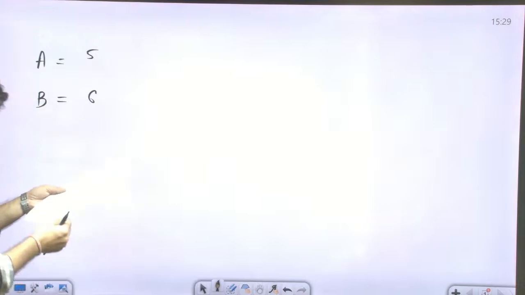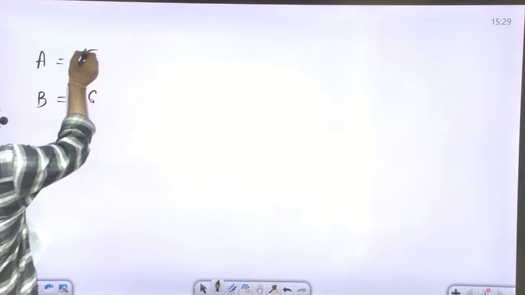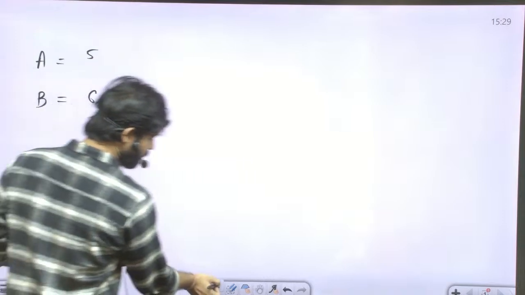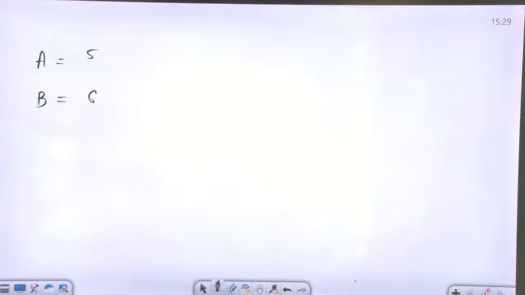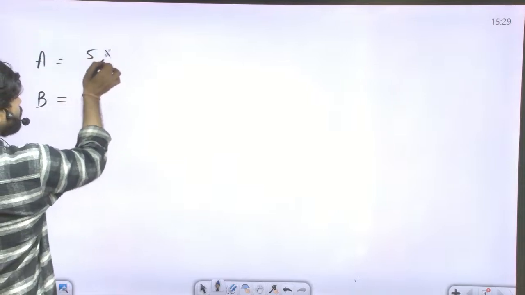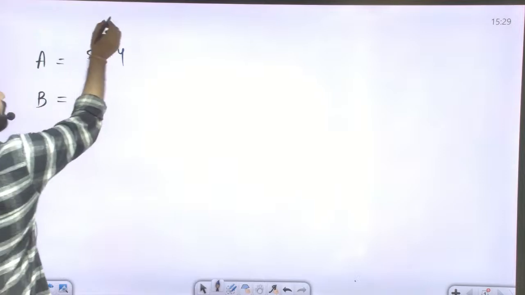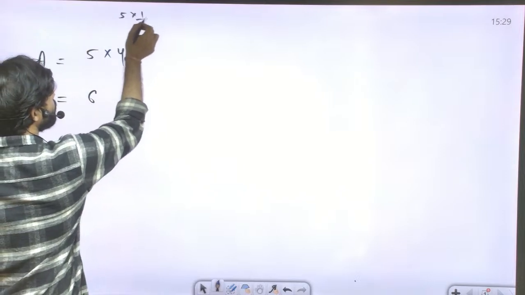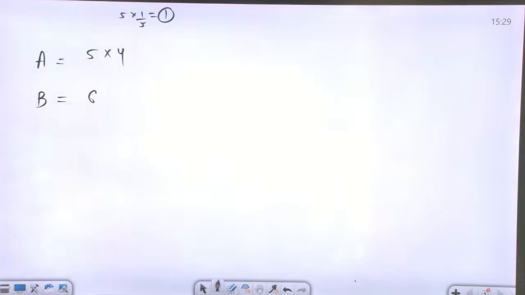After 4 months, A withdraws 1/5 of his capital. So this 5 units was invested for how many months? Because the change takes place after 4 months, 4 months. After that, 1/5 of 5 will be 1, so this 1 unit has been taken out of the business.